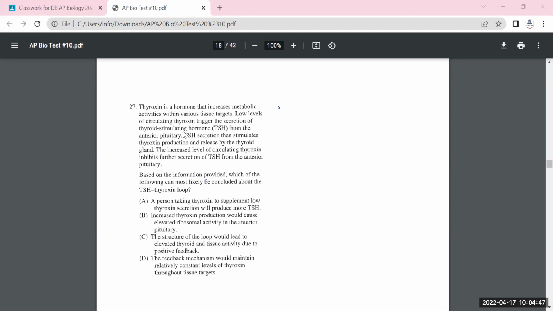If you have too much thyroxine, you're going to block secretion of TSH. And because you block TSH, you're not making any thyroxine. So which one? D, right? You're maintaining homeostasis, the correct level of thyroxine.